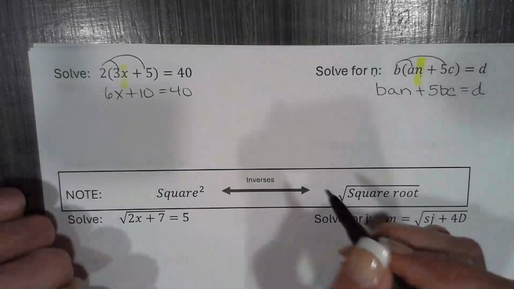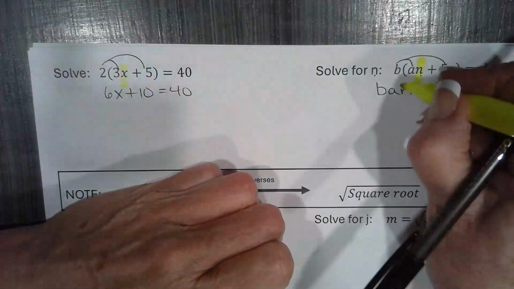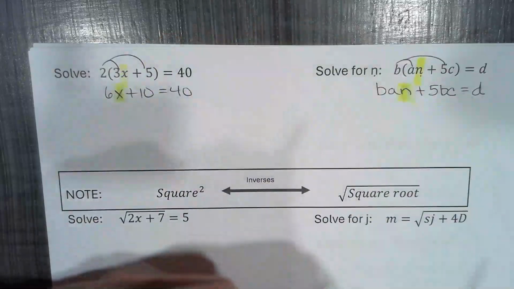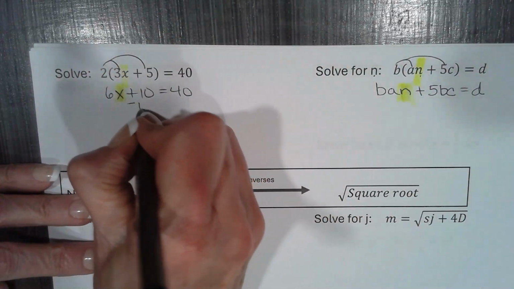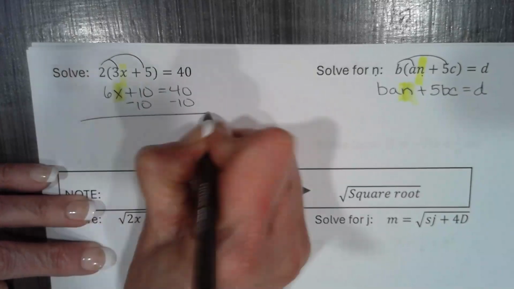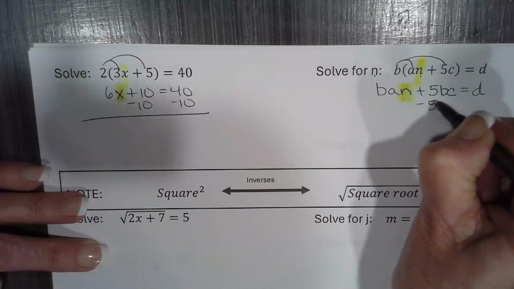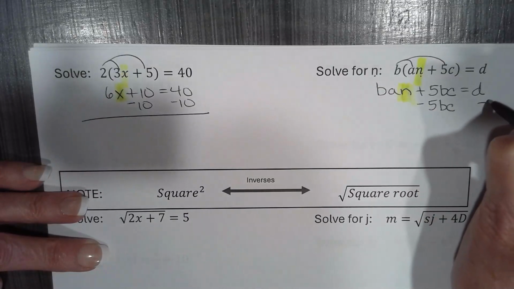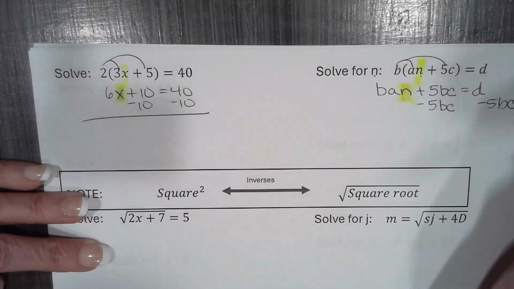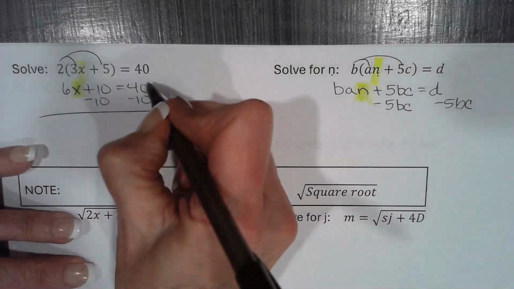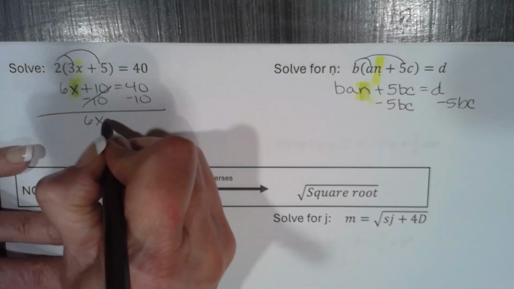All right, now solving for n. Just like I'm solving for x, you would tell me to subtract 10 on both sides. Subtract this term. So here I'm going to subtract 5bc from both sides. Here, I would have ban equals d minus 5bc.